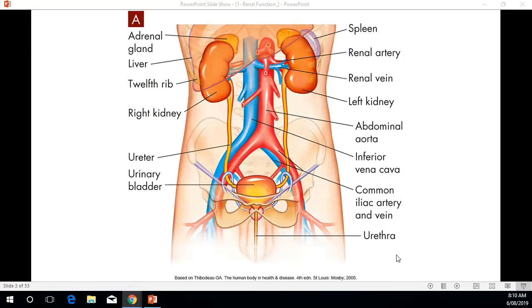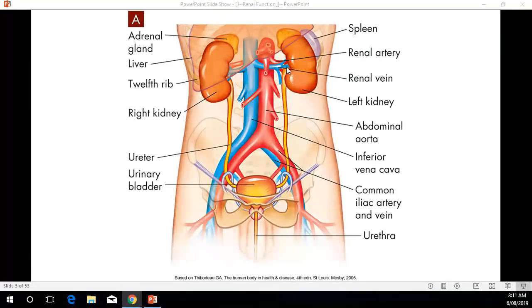Okay. Now anatomically, kidneys are paired organs, bean-shaped. They are located higher up in the back of the abdomen, retroperitoneal. Okay. Next to the aorta. So there is an artery which is called the renal artery that supplies the kidney, and the renal vein that drains directly into the inferior vena cava.